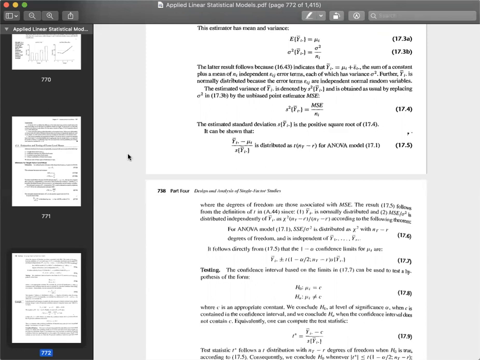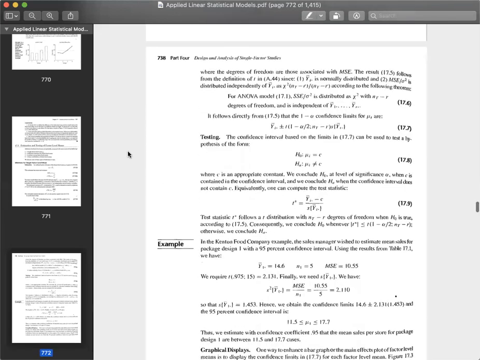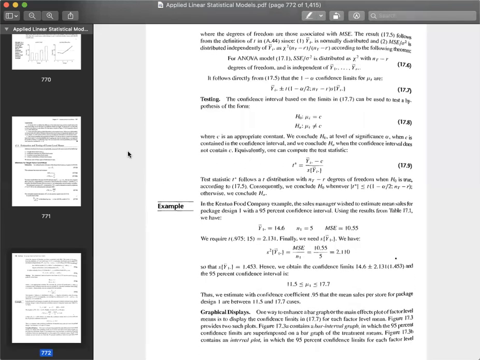It can be shown that yi bar dot minus mu i over s of yi bar dot is distributed as t with nt minus r degrees of freedom for the ANOVA model, where the degrees of freedom are those associated with MSE.